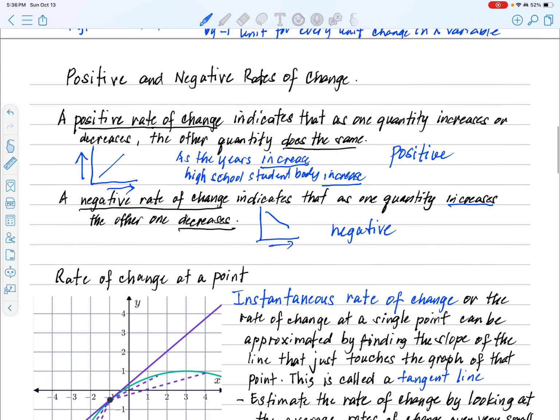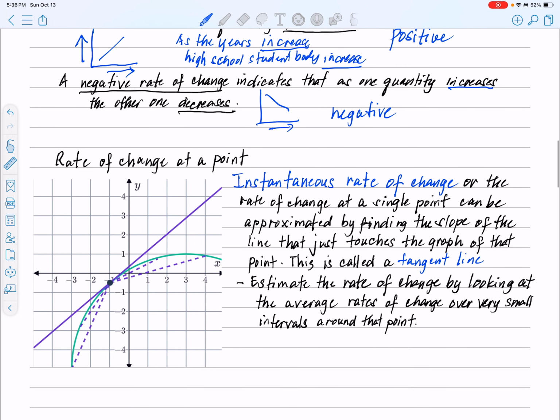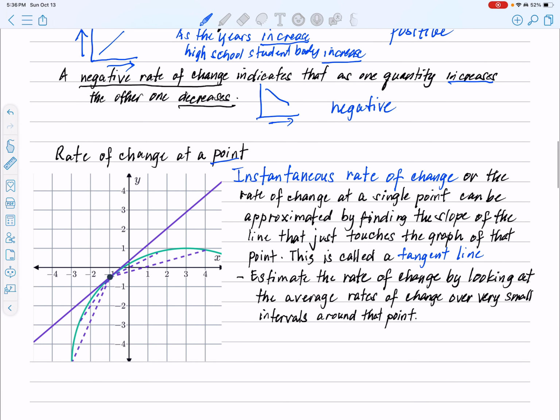The third one that we are concerned with in this lesson is the rate of change at a point, and that is what we call the instantaneous rate of change. So if you are given this term, instantaneous rate of change, or the rate of change at a single point, it can be approximated by finding the slope of the line that just touches the graph.